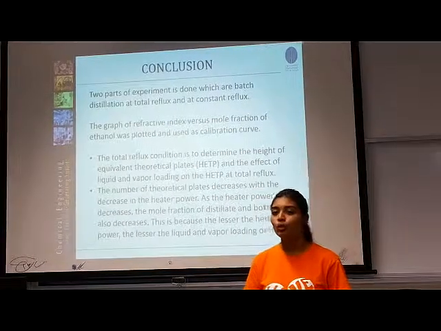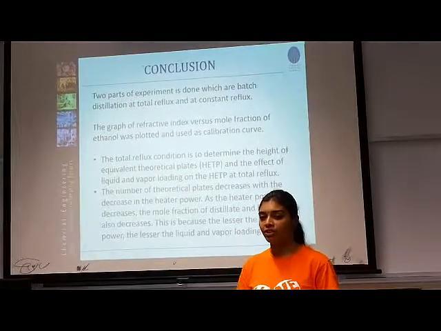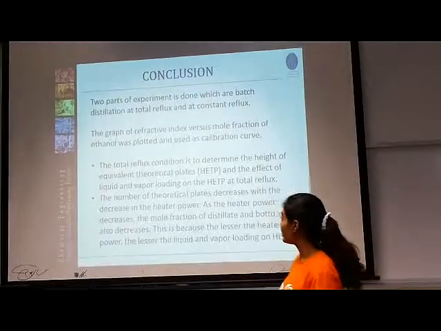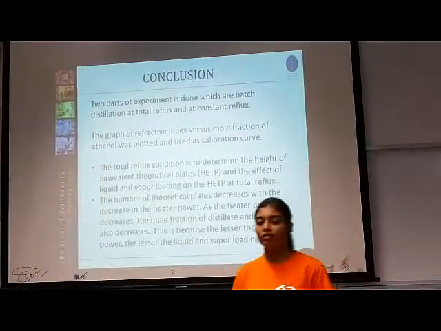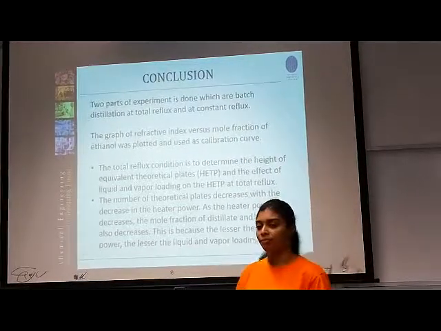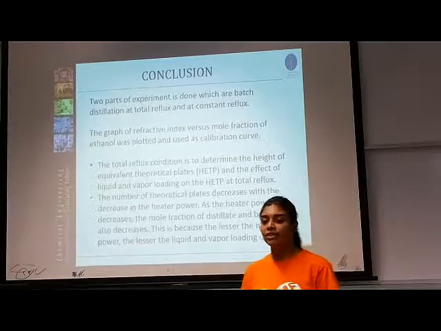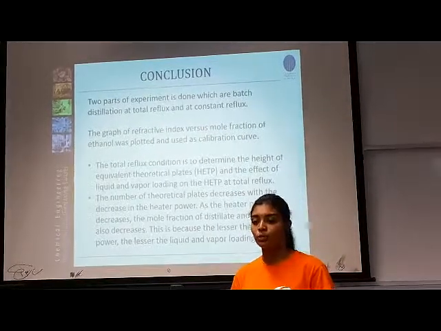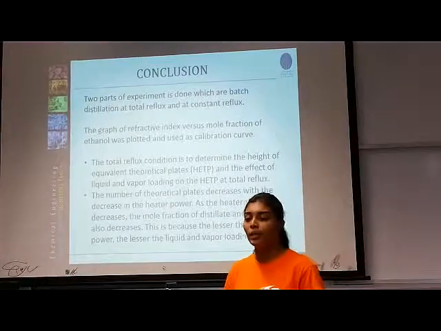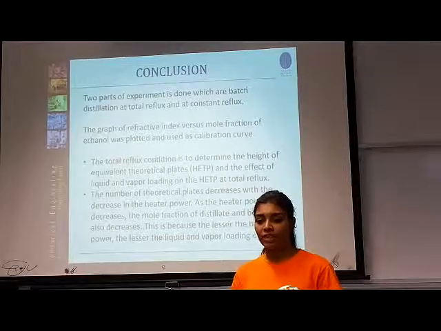In conclusion, 2 parts of the experiment are done, which are batch distillation at total reflux and at constant reflux. The graph of refractive index versus mole fraction of ethanol was plotted and used as a calibration curve. The total reflux condition is to determine the height equivalent to a theoretical plate, known as HETP, and the effect of liquid and vapor loading on the HETP at total reflux.